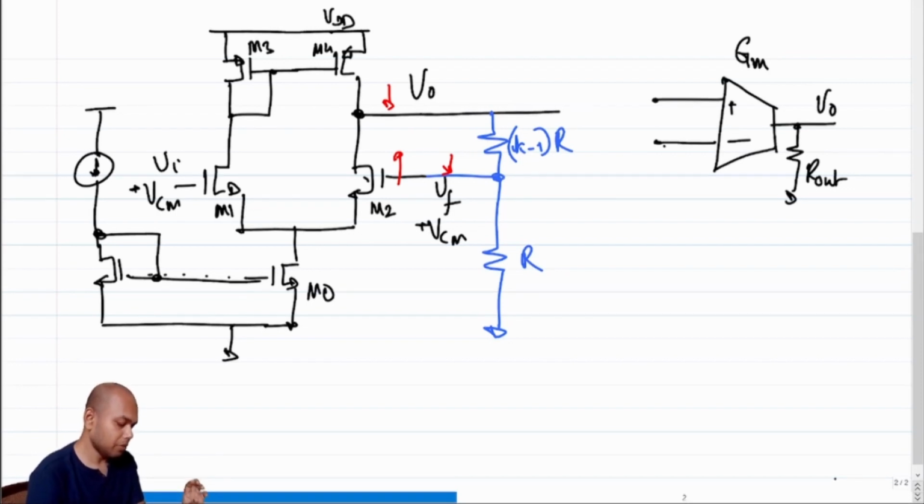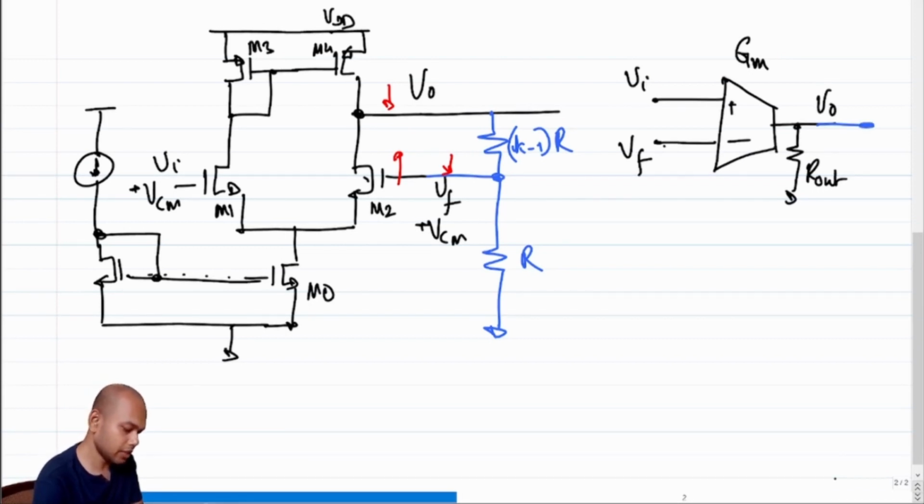That is well and good. But what is the relationship between the terminal VF and V0? If VF increases, V0 decreases, which means there is an inverted relationship between VF and V0, right? So in the symbol on the right, which one should be VF? So clearly this terminal should be VF and the other terminal should be VI, correct? So now if we have to equate the structure on the right and the left, what should I do?